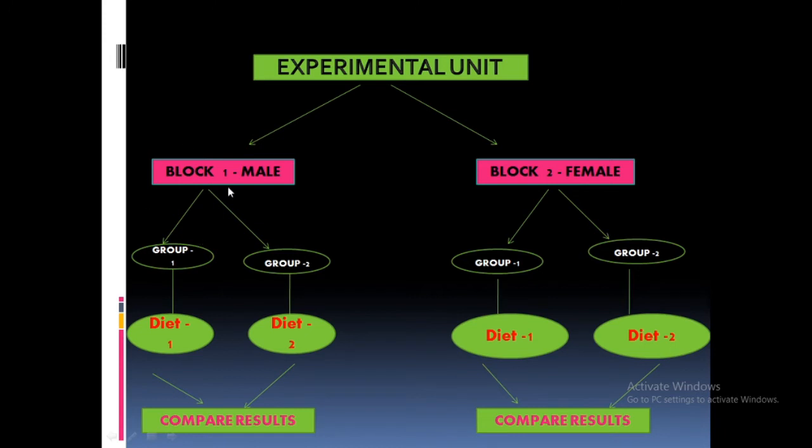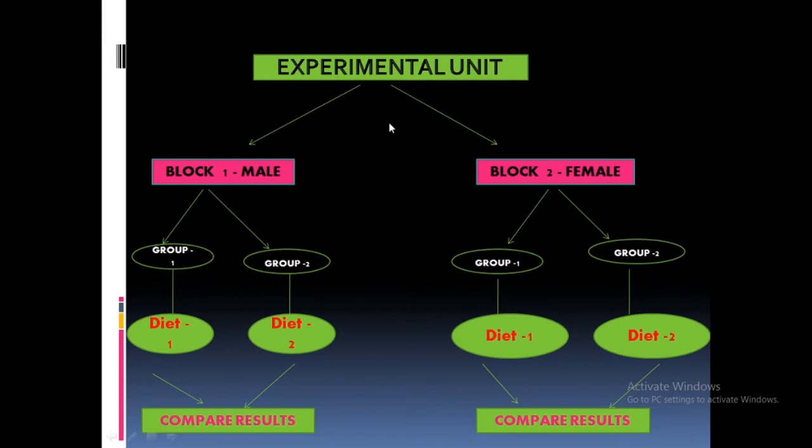Again we randomly divide into group 1 and group 2, and now we give the treatments: group 1 diet 1, group 2 diet 2. From here onwards we apply the same method as the first design. You will get a result, compare the results. In the same way in block 2, group 1, group 2, diet 1, diet 2. This is the way we do this experiment.